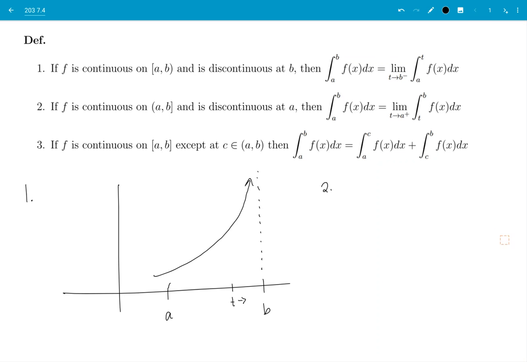For 2, that's the one we just did. A here, B here. The problem is at A. Typically a vertical asymptote. You stick a T there and let it move towards A from the right.